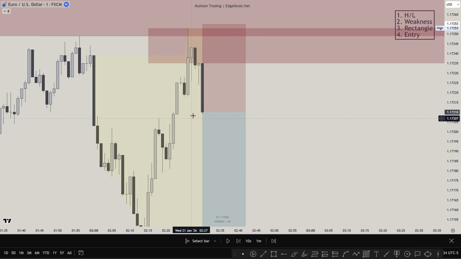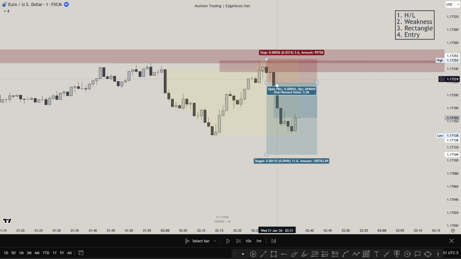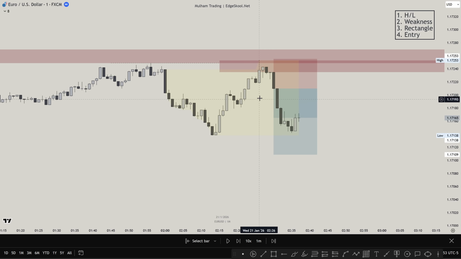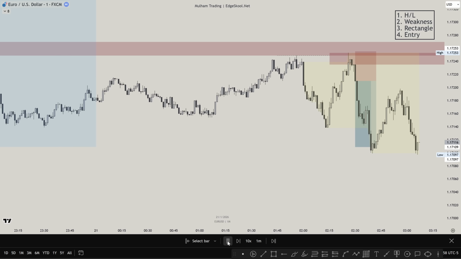Now for this one, to be honest, I'd really prefer to look for a retracement to get a better entry, because this is a strong candle here. So a lot of times I would really prefer to see a retracement in order to get a higher reward to risk. Playing this price action, for this one, you had to enter here. There was no retracement. And then if you notice, price just immediately started going lower.